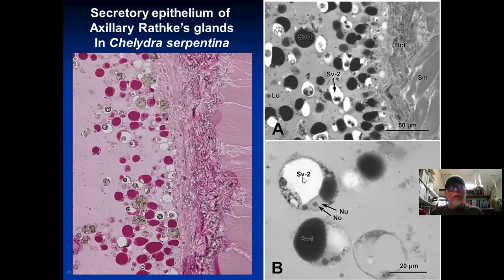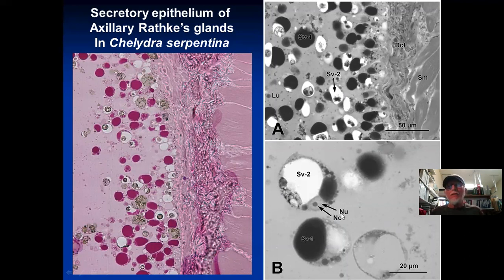In B, you can see within the holocrine cell itself here, the type 2 secretory vacuole. Here's a type 1 secretory vacuole right there. Here it is down here in this particular cell.